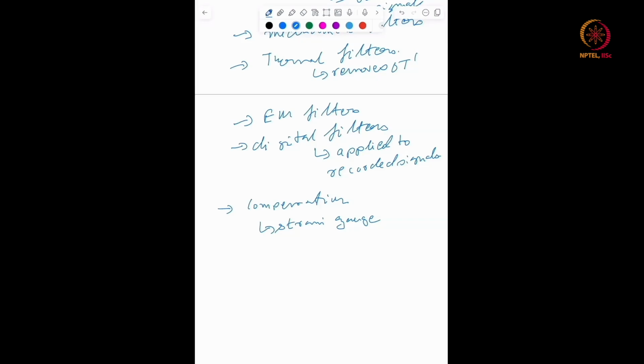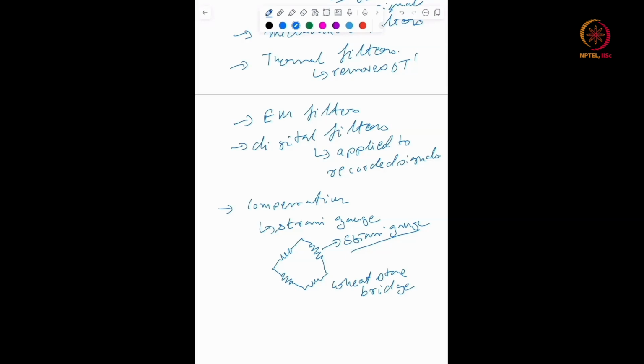So what people do is that you put the strain gauge as one of the arms of a Wheatstone bridge. So this is your strain gauge. Because of its sensitivity to ambient temperature fluctuations, you attach it to a leg of a Wheatstone bridge. Strain gauge is routinely used in many applications.